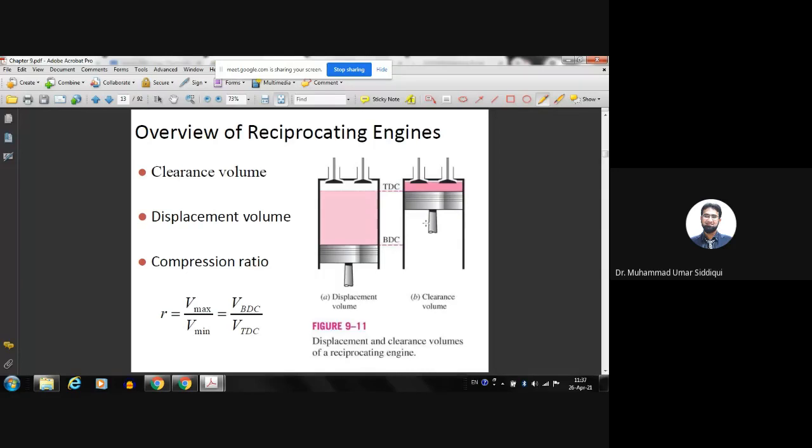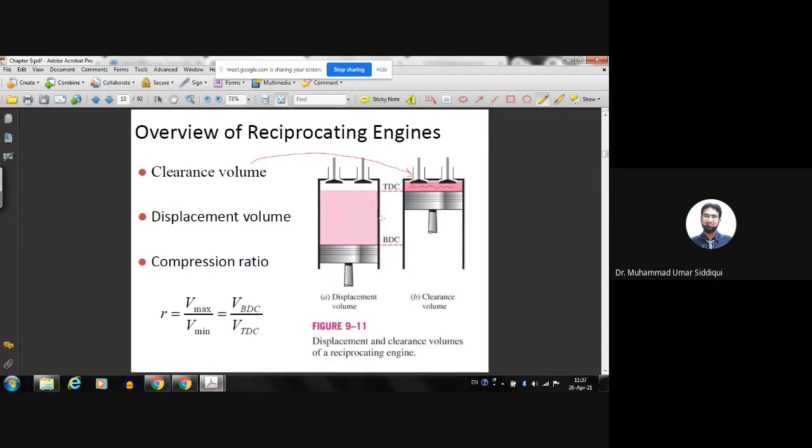Let's talk about different kinds of volumes. When the piston is at the top dead center, that's the minimum volume. That means whatever working fluid we have is totally compressed, and so this volume is known as the clearance volume.